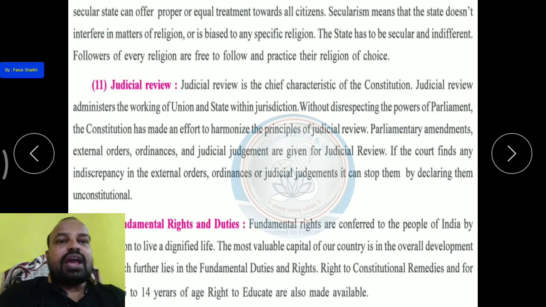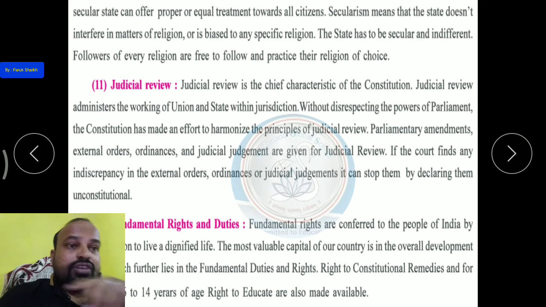If the court finds any discrepancy in the functions of the government, in the executive orders, in the ordinances passed by the government, or in a judgment, judicial review can stop them by declaring them unconstitutional.